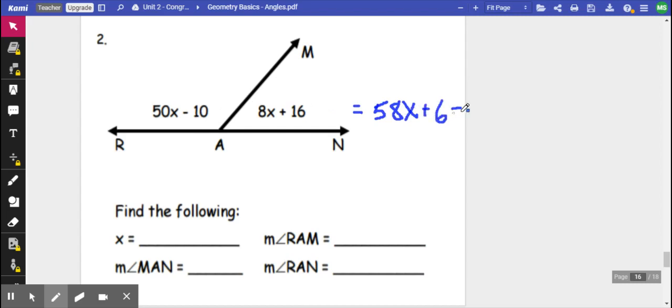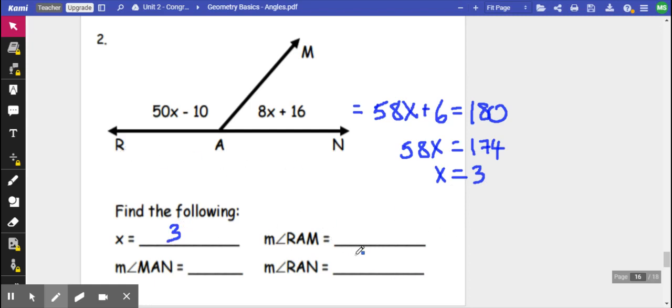And that has to add up to 180. And we can subtract 6 from both of those. So we have 58x being equal to 174. And that means that x, when we divide both sides by 58, is going to be equal to 3. Fill in 3 for x.